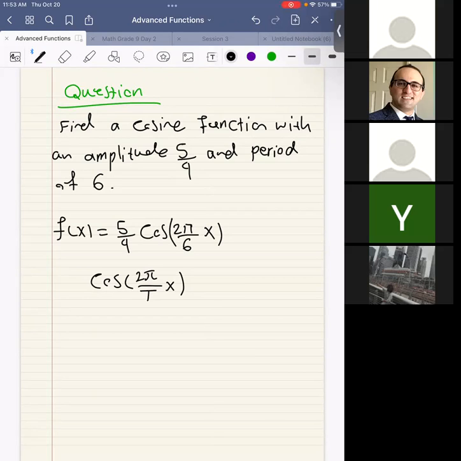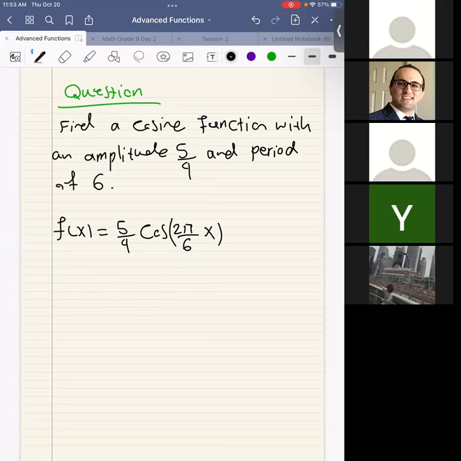Right? Yeah. So that means f of x is 5 over 4 cosine of 2 pi over 6 times x.